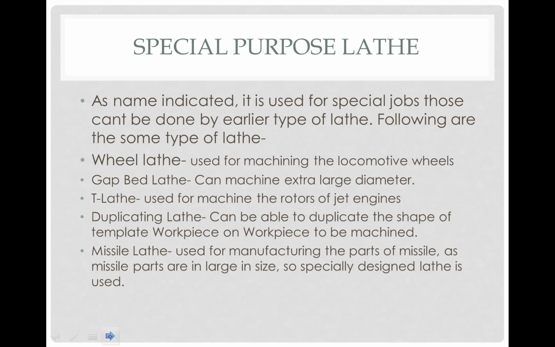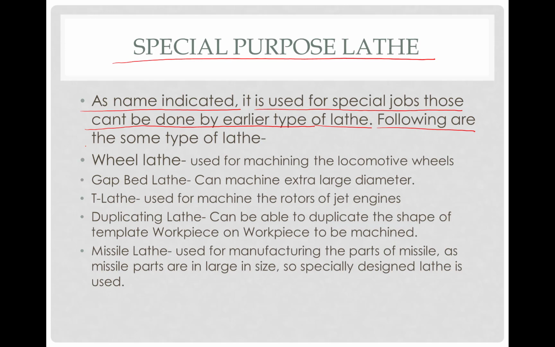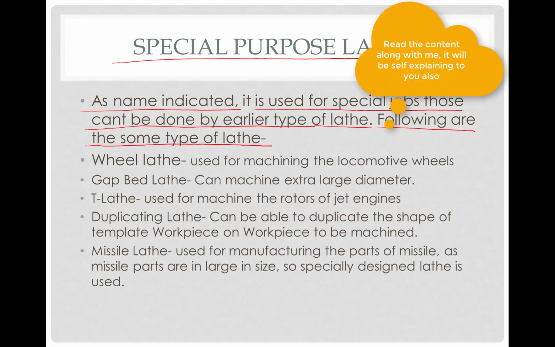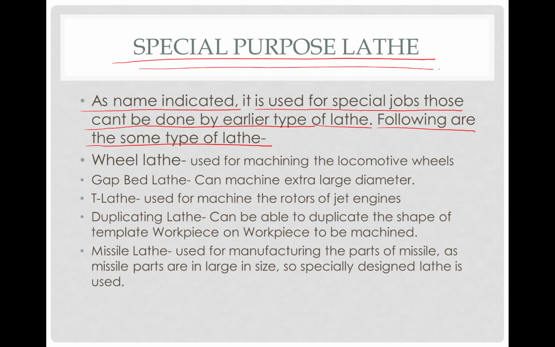Okay, the next one is the special purpose lathe. As the name indicates, it is used for special jobs that can't be done by either of the earlier types of lathe. Following are some types of special purpose lathe.